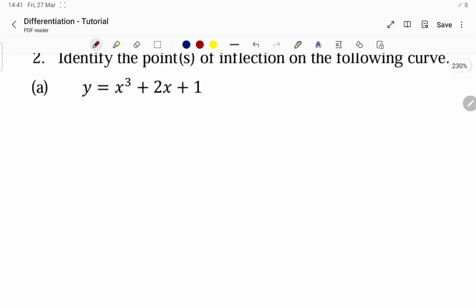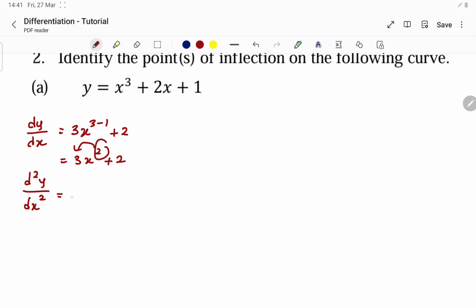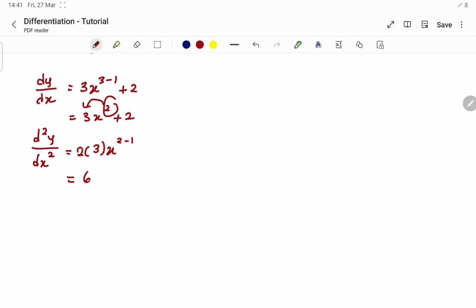For this question, differentiate 2 times, so dy/dx is equal to 3x to the power of 3 minus 1 plus 2, so you will get 3x squared plus 2. Then we want to find the second derivative, so you differentiate again one more time. 2 multiplied by 3x to the power of 2 minus 1 plus 2, 2 becomes 0 when we differentiate, so you'll get 6x.